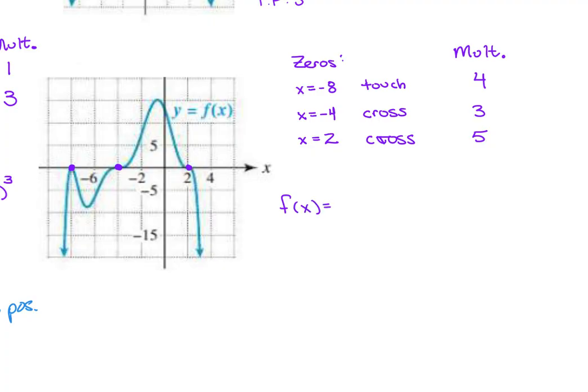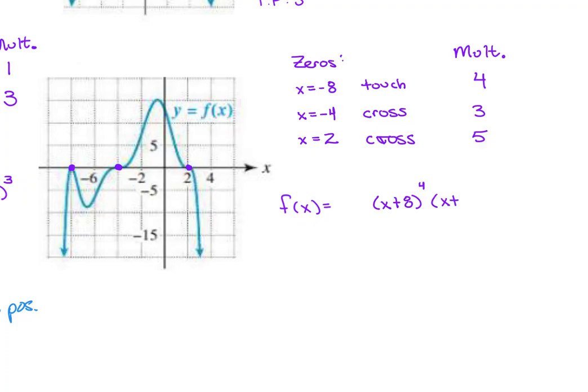All right, the first one that we have is x equals -8. When we write that as a factor, we're going to turn it into x plus 8, and we're going to say it has a degree of 4. Our second x-intercept, we have x equals -4.